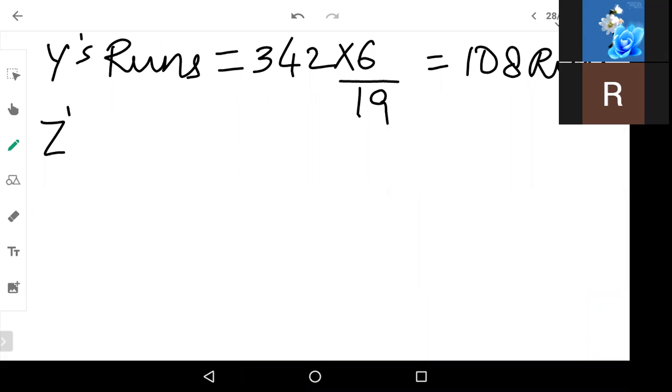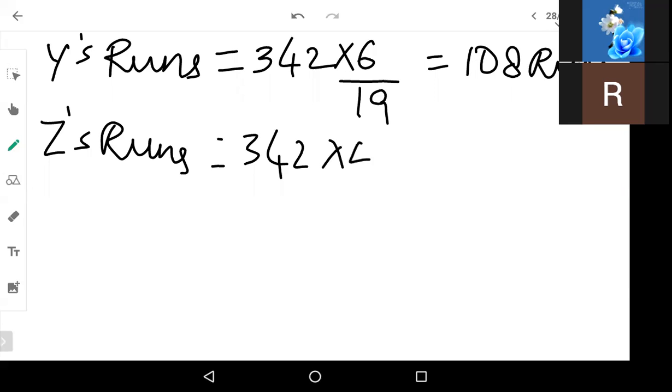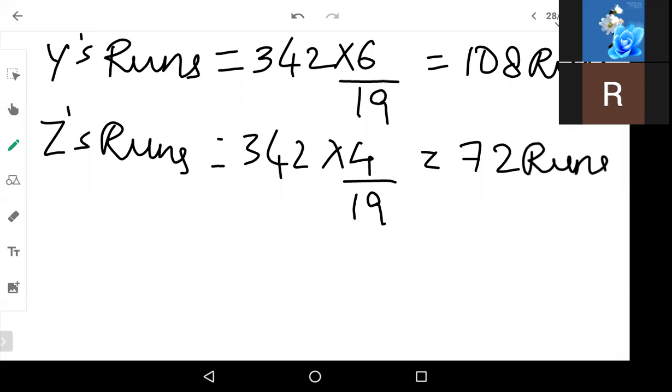And then Z's runs is 342 into 4 by 19. So that will be 72 runs. Very good. Is it clear? Any doubts in this problem?